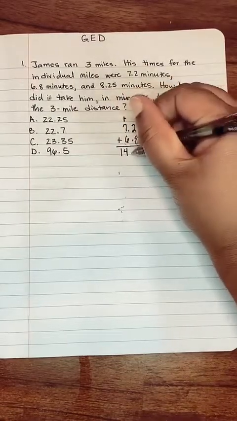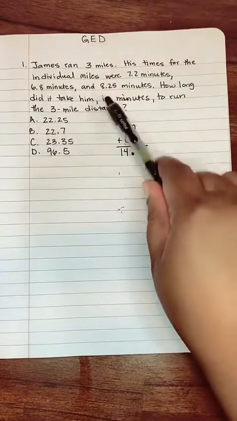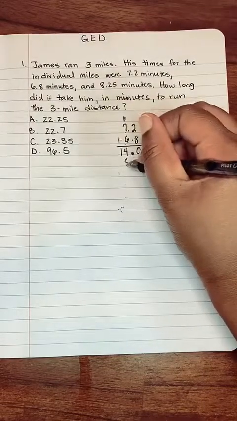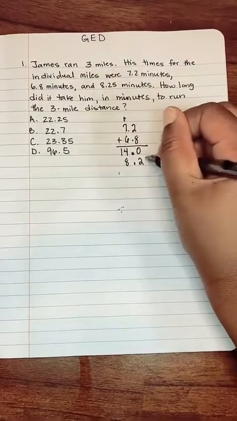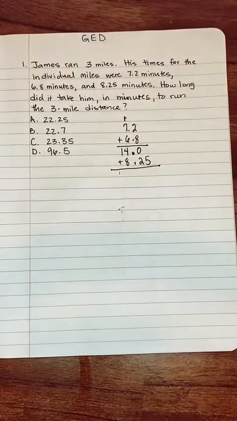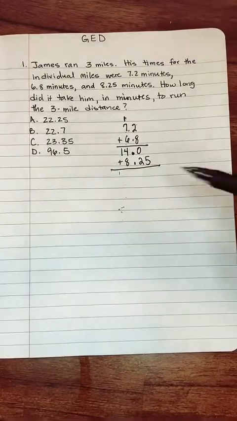So 8.25. Okay, you guys, some of you guys should be seeing it right now. What I mean by that is, if I go 0 plus nothing plus 5 is just 5. Well, B is out because that doesn't even end in a 5.